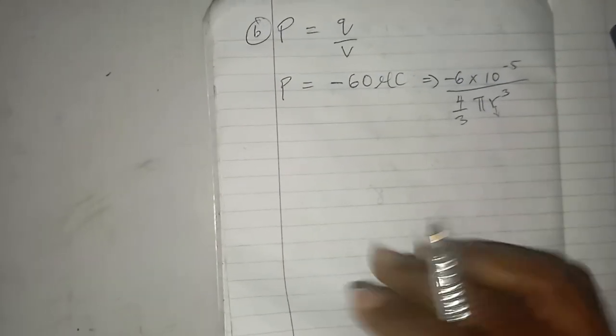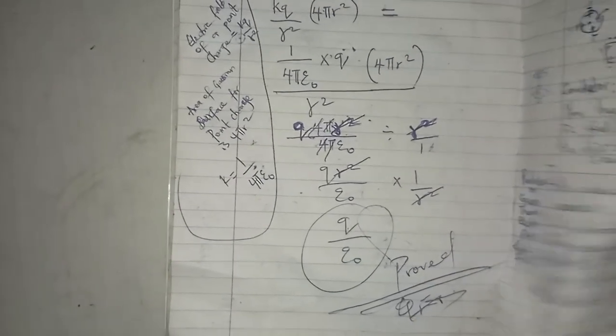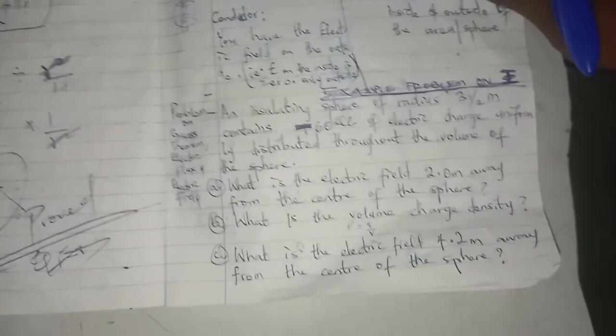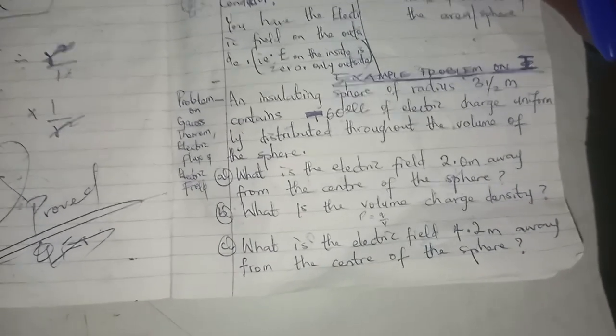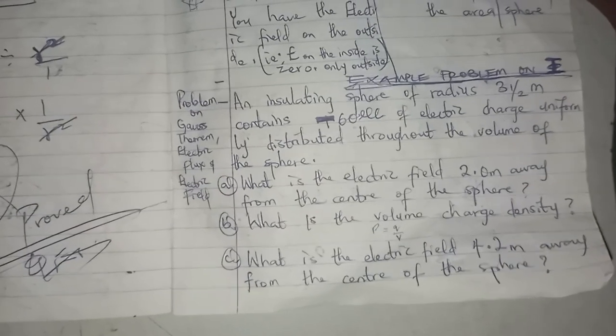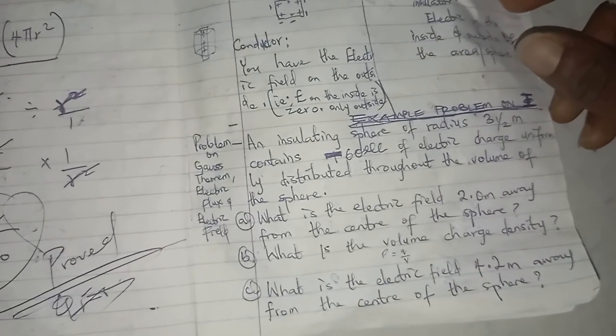And the r we are using here: they did not tell us anything about, they are considering what they've given us when they ask us for B. A is a part of this question that is on its own. If we wanted to find volume charge density for 2 meter away, we could put r there to be 2. But remember that they gave us an insulating sphere of radius 3.5 meter.